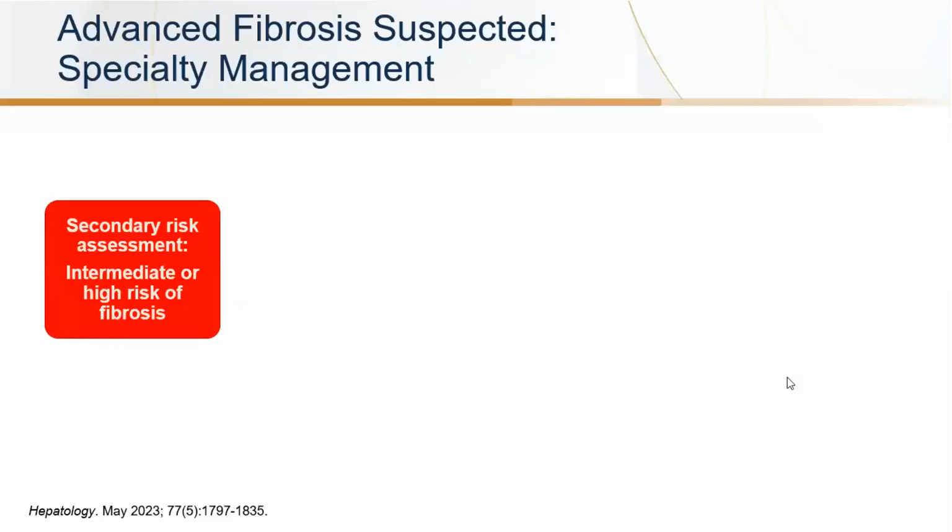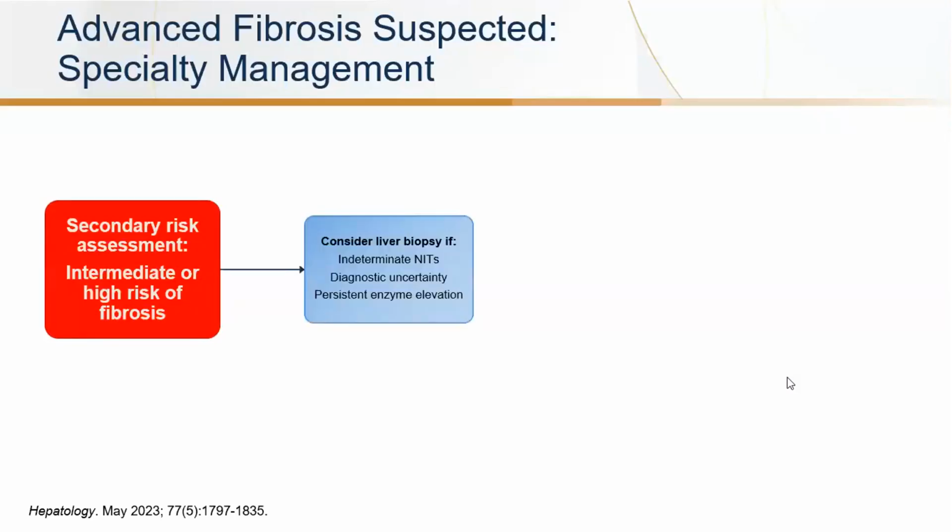All right, advanced fibrosis suspected. What do we do from there? So you're getting your secondary risk assessment with that FibroScan or the ELF. Sometimes, you do all of the things. You do the non-invasive testing, and it just doesn't really make sense. For example, you're getting that FIB-4 that's really high, but then you're getting a FibroScan that is showing like F0 to 1, or the opposite.